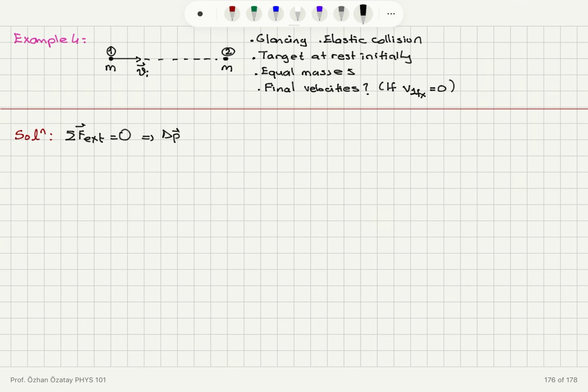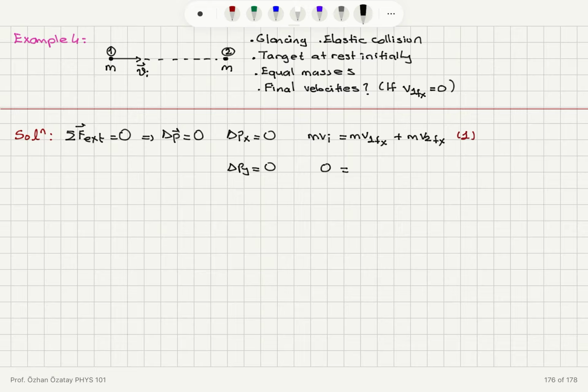I can write linear momentum conservation for the x component and for the y component. So x momentum: m Vi initially, finally I will have m times the first particle's final velocity x component plus m times the second particle's final velocity x component. Let's call this equation 1.